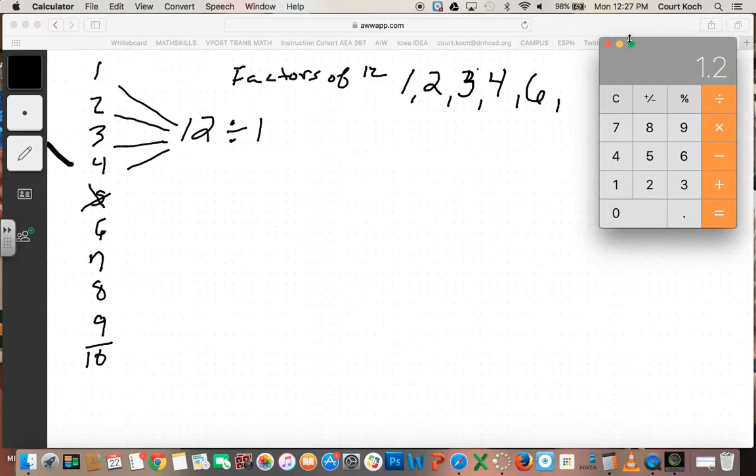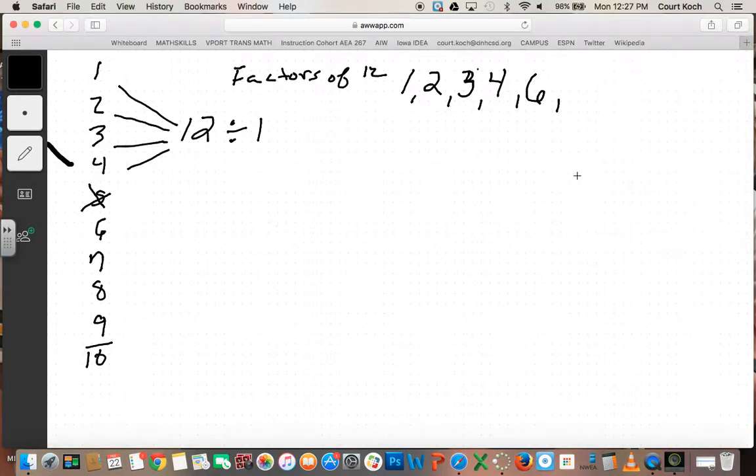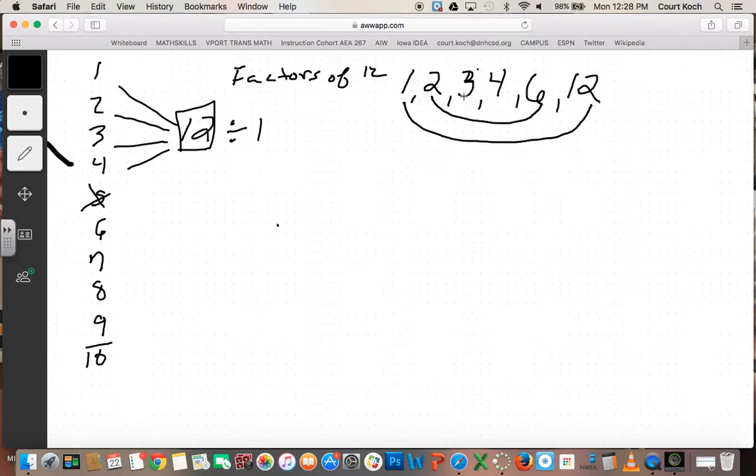That's 1.2. So the only thing I have to do to complete this is remember that 12 is also a factor. At the end, I'll put the number that I started with: 1 and 12. What that means is 1 times 12 is 12, 2 times 6 is 12, and 3 times 4 is 12.